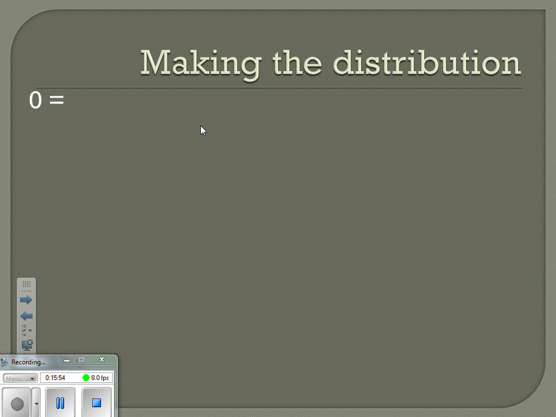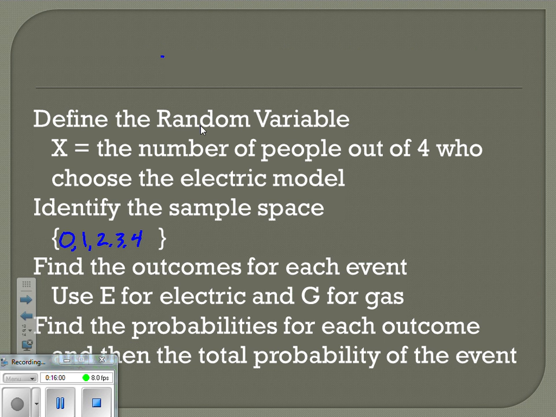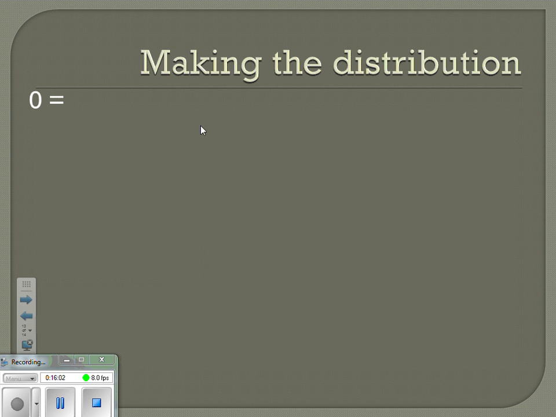So the probability that 0 people, and we said that x was the number of people that chose electric, so that would be gas, gas, gas, and gas. For 1, we could have gas, gas, gas, electric; gas, gas, electric, gas; gas, electric, gas, gas; or electric, gas, gas, gas.